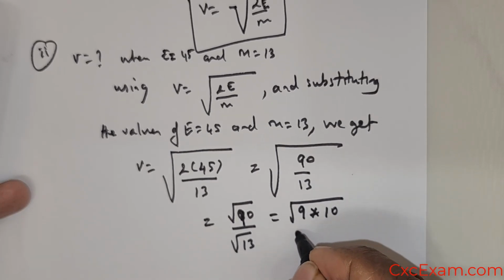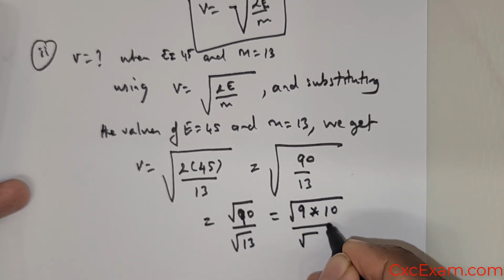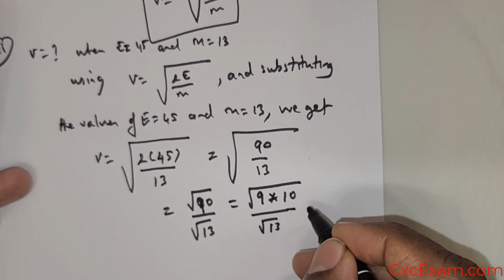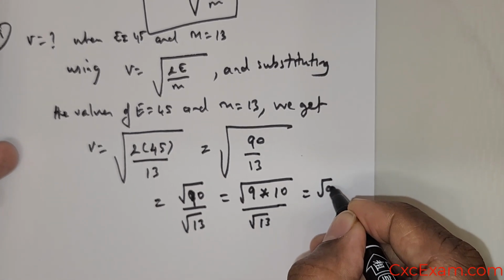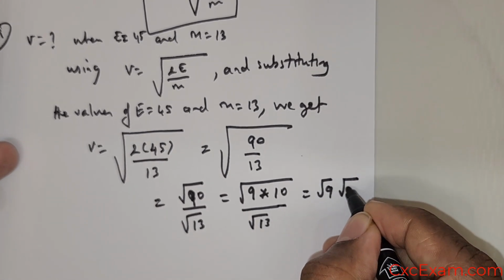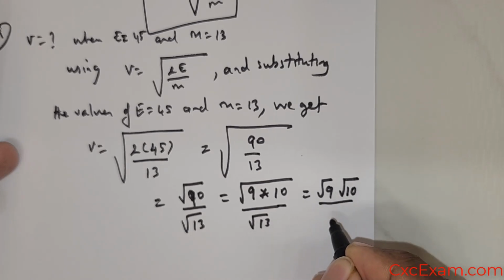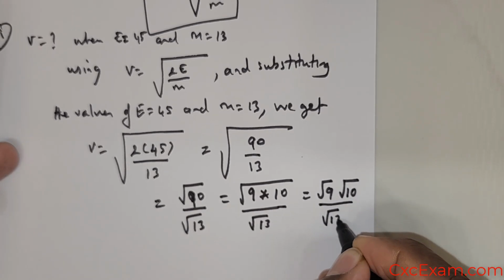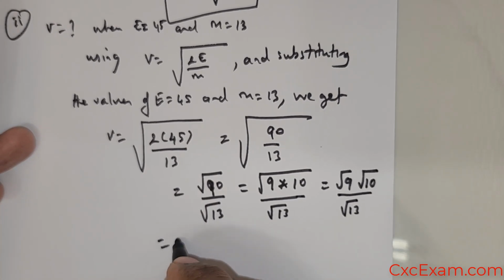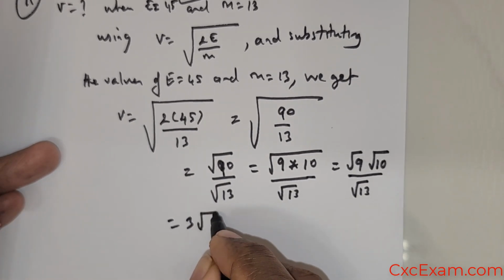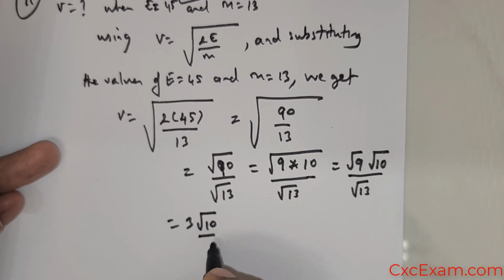So you have a square root there and you have a square root of 13 here. I can rewrite this as root of 9 multiplied with root of 10 divided by square root of 13. Now root of 9 will give you 3 times root of 10 divided by square root of 13.